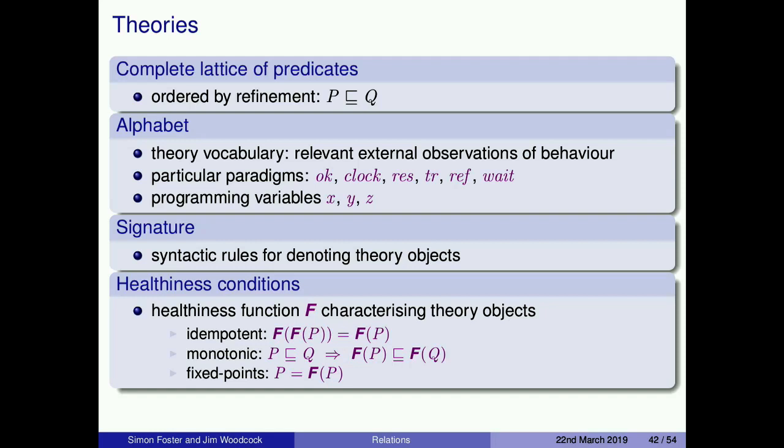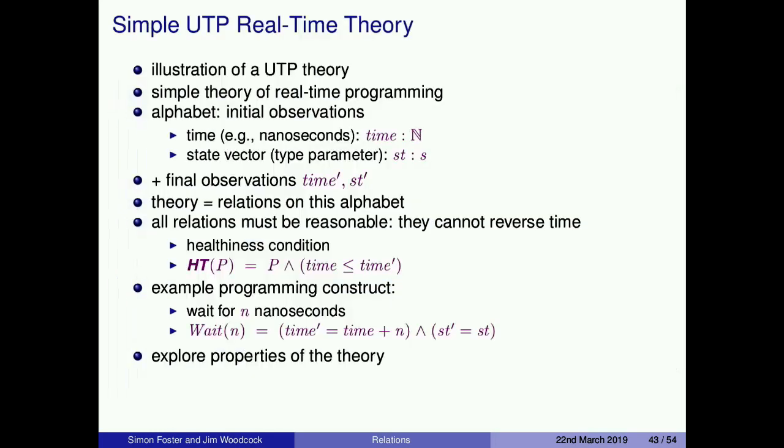So there are constraints on how this kind of variable can behave. And this introduces the idea of healthiness conditions. So essentially, a UTP theory is a constrained semantic domain consisting of observational variables and invariants over the observational variables that explain how those variables are permitted to behave.